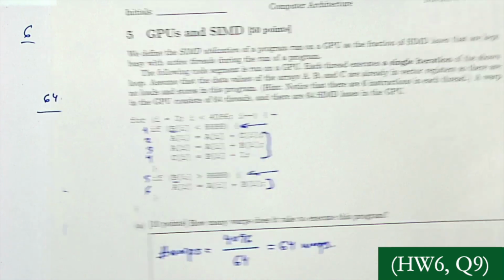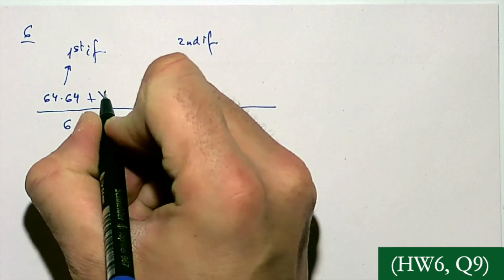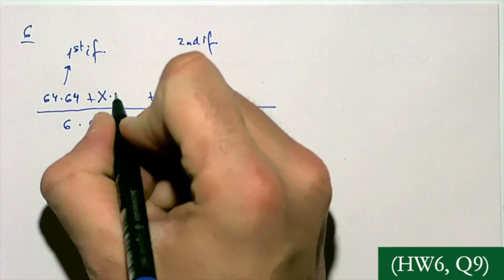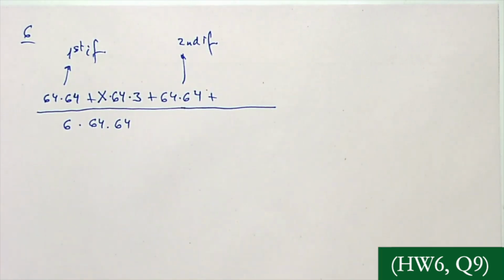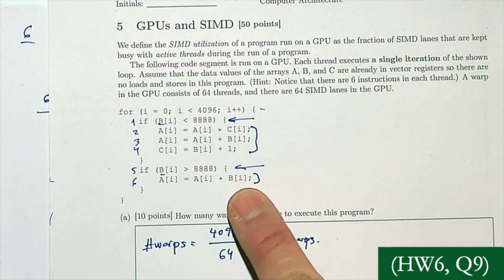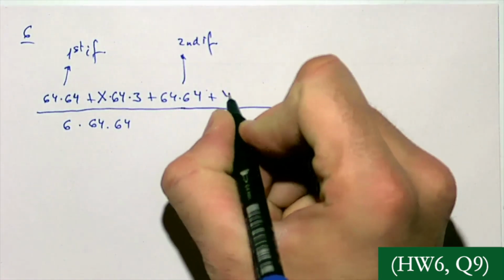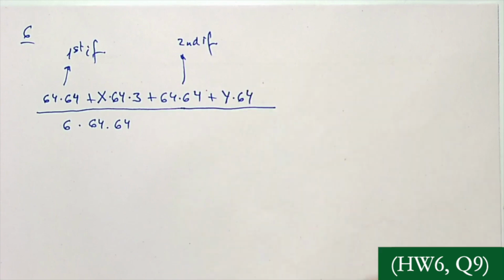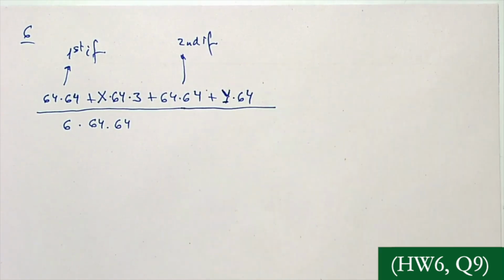So let's assume that there is a number of threads, X, in each warp that executes these 3 instructions, and there is also a number of threads, Y, in every warp that executes that 6th instruction. This is Y, it's not 4, just to make sure.